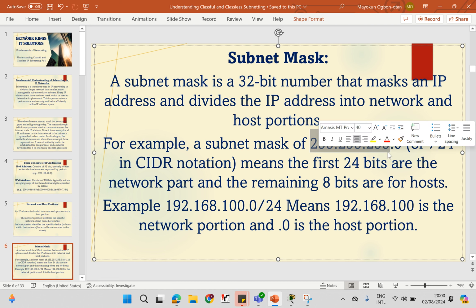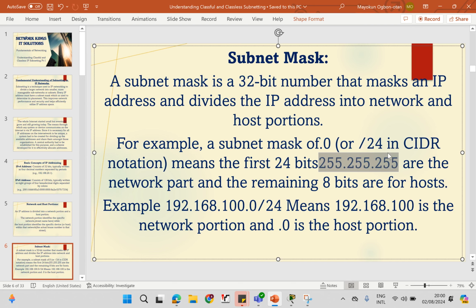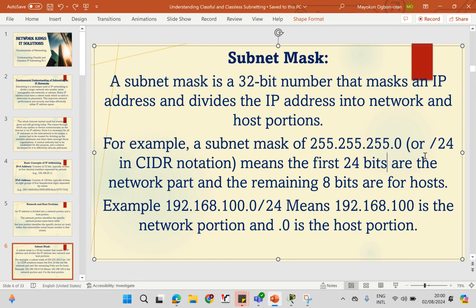That's the short form in CIDR notation. We call it CIDR or CIDR notation. The word CIDR is from classless inter-domain routing. We will get there. So, what does this mean?